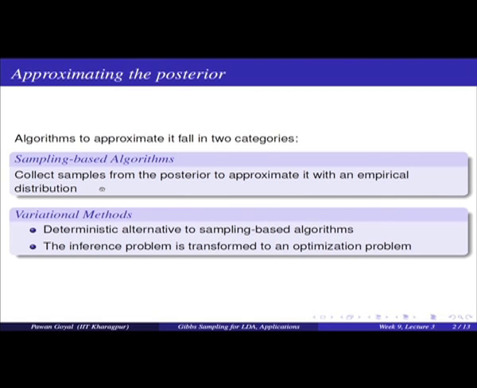And there are also variational methods, where you convert that inference problem to some sort of optimization problem and try to learn the parameters that will optimize that. Both the methods are very much used in the literature. We will see Gibbs sampling, which is an easier to understand method.